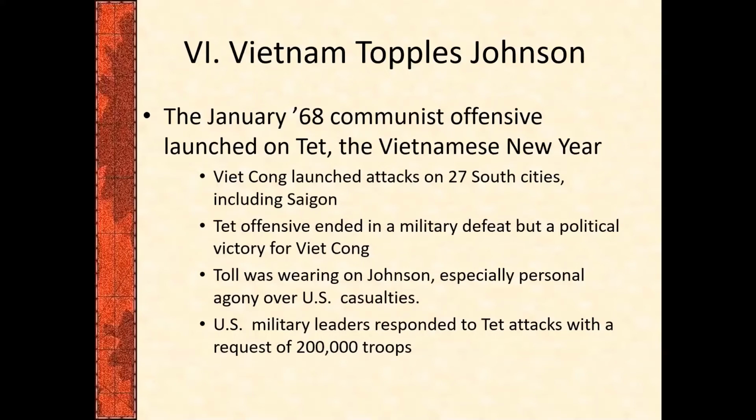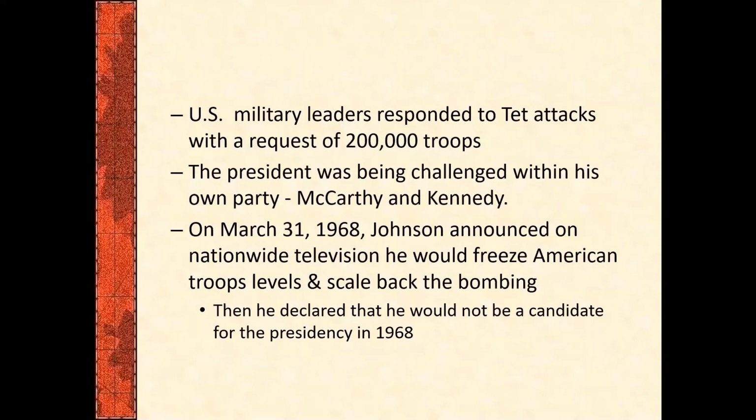And so Johnson has to wear this, and even personally, he is agonizing over the lives that are lost because of orders he's given to continue to fight in Vietnam. Despite this, the order to increase troop levels by more than 200,000 is put into Congress. And so this request is put in, and this is an election year, 1968.